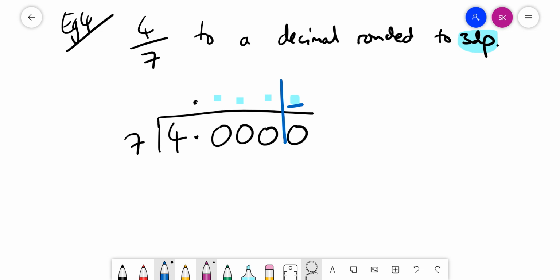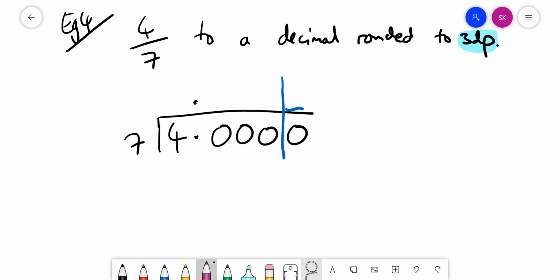So you need to write the fourth decimal place, because that fourth decimal place will tell you whether or not you're going to round the third one up or down. So let's get on with it. I'll leave that here because we know we're going to be rounding based on the decider in the fourth decimal place.